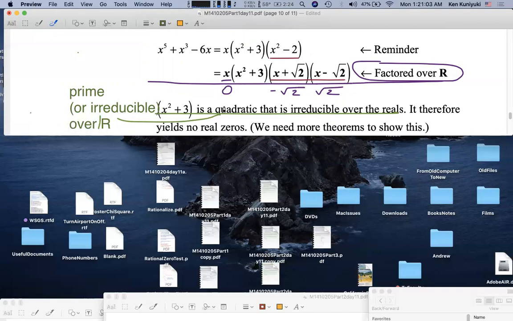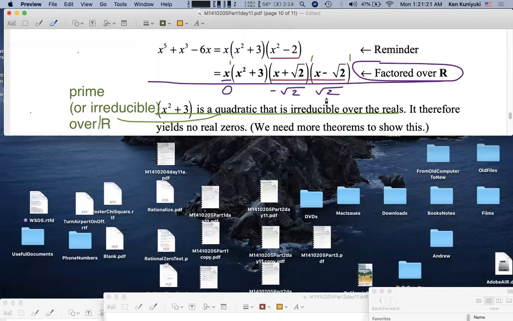All right. So we have the three real zeros here at x equals 0, negative root 2, and positive root 2. Now notice that each of these has multiplicity 1 on the factors.